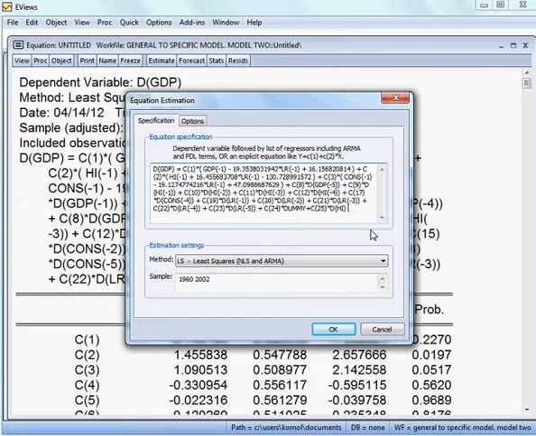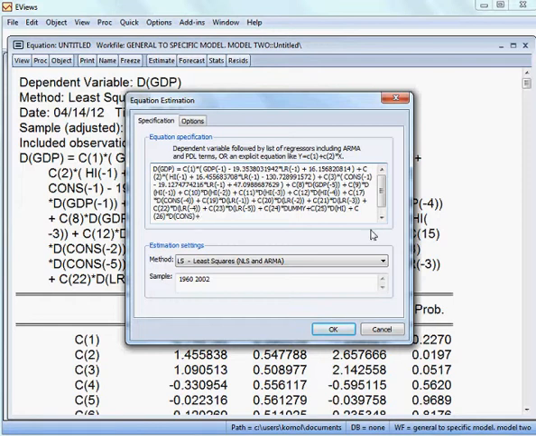Then I add some more variables. C26, right? C26 multiplied by the next variable, which is HI. We take D cons, so that the variable becomes stationary.